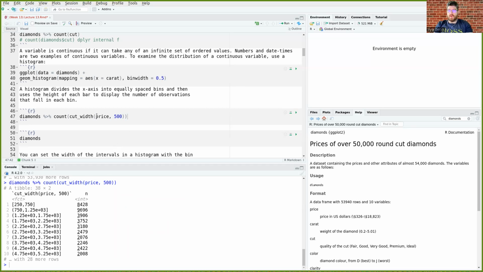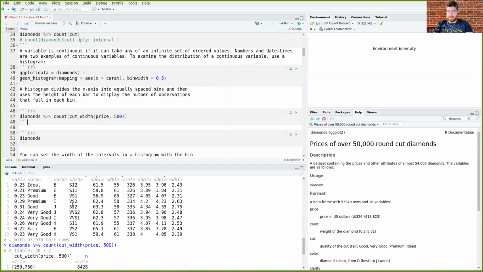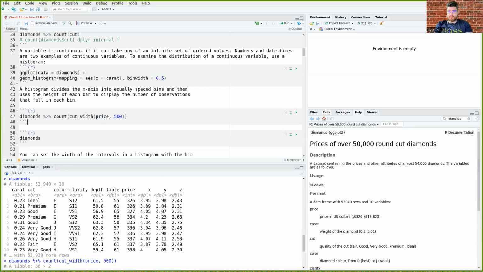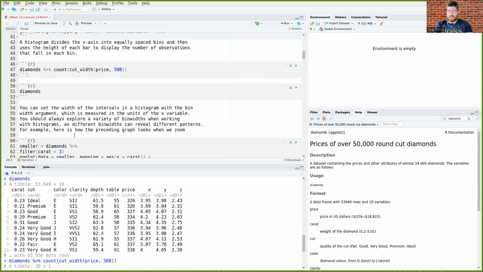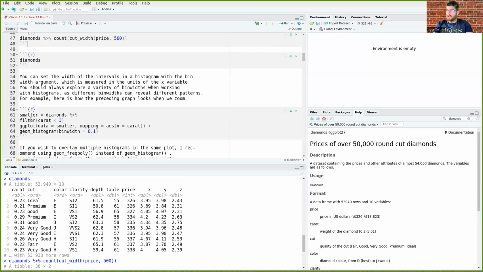So it's up to you what kind of variable to define, and what kind of measure to place in order to group your data into these categories. This is only for continuous variables, so you cannot do this with cut, because cut is a categorical variable. It is ideal, premium, good, and that's it, but groups can be made for continuous. All right, any questions here?